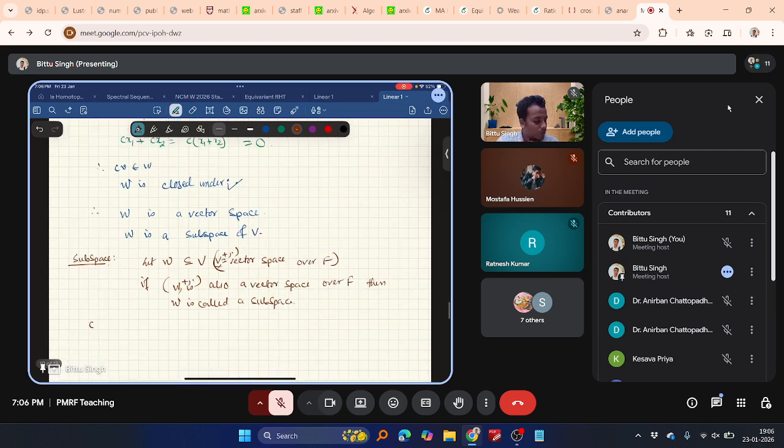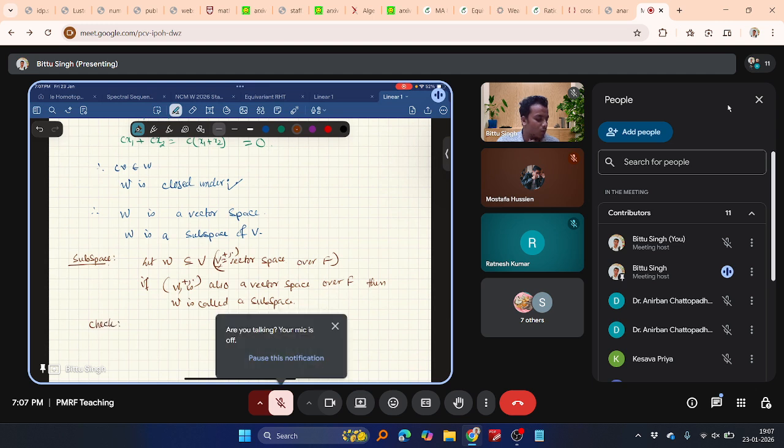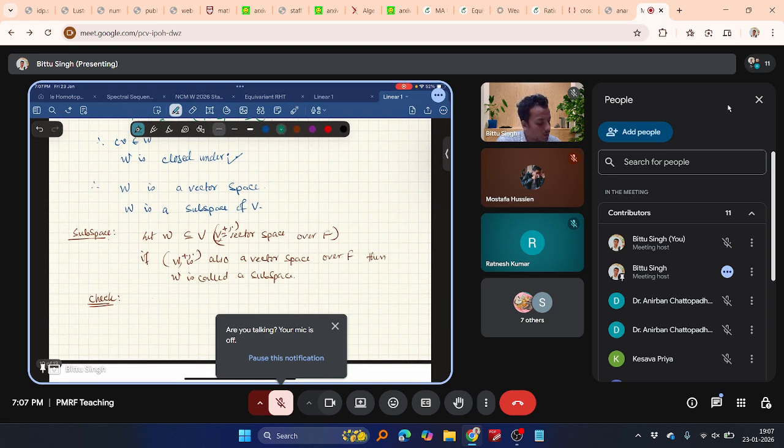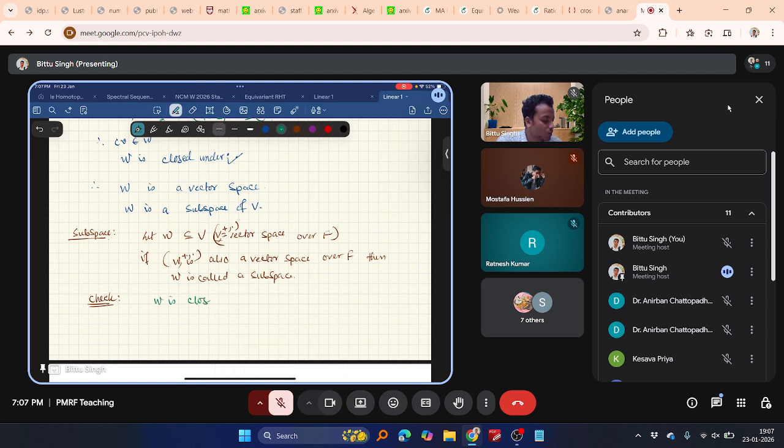So how can we check if something is a subspace or not? We only need to check that W is closed under addition and closed under scalar multiplication.